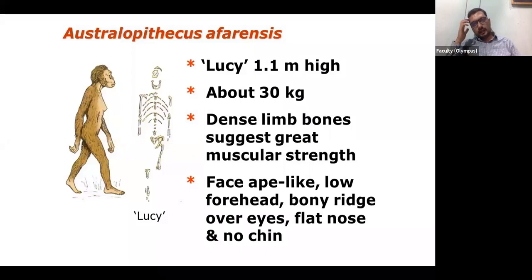So this is how they derive it. As per Lucy, the evidences obtained from Lucy's fossil, these are the following features of Australopithecus afarensis. A small or short version, as I was telling you.